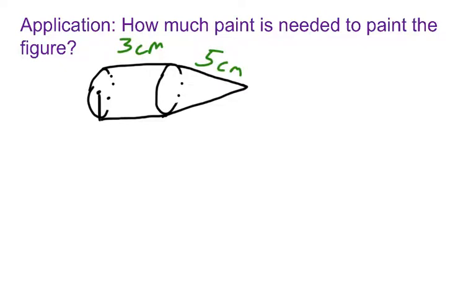Alright, now let's fill in a couple of the sides. I have 3 centimeters as the top. The slant part of the cone is 5 centimeters, and then the radius here of the circle is going to be 4 centimeters. And now we have enough information to figure it out. But I want you to think about the game plan.